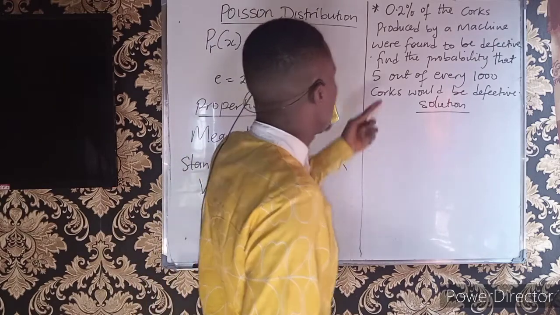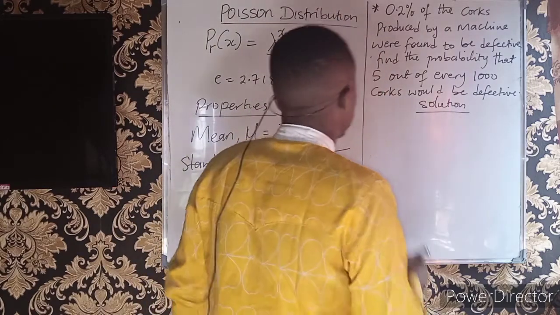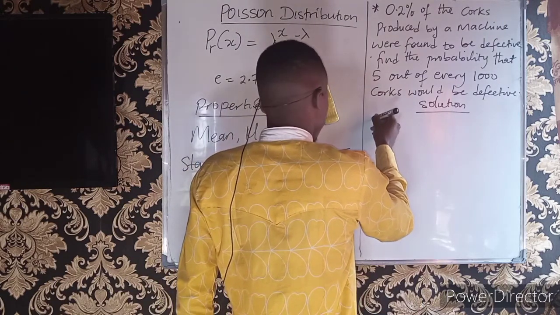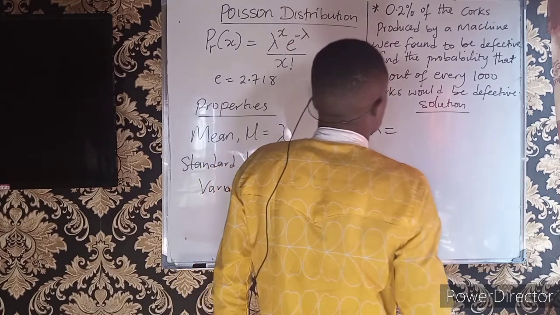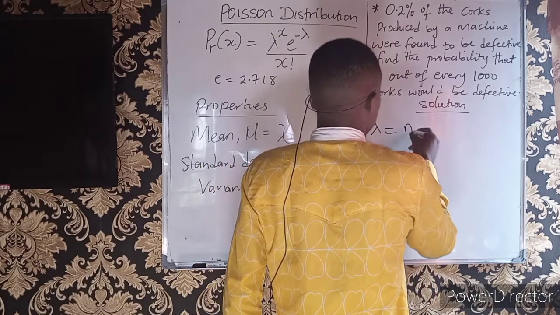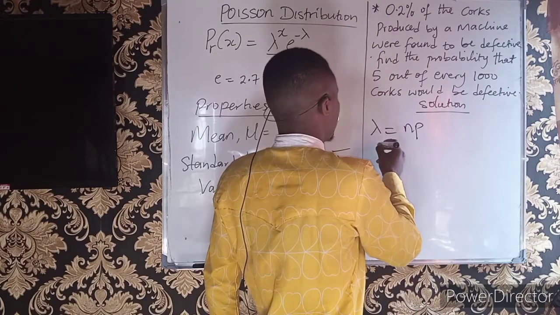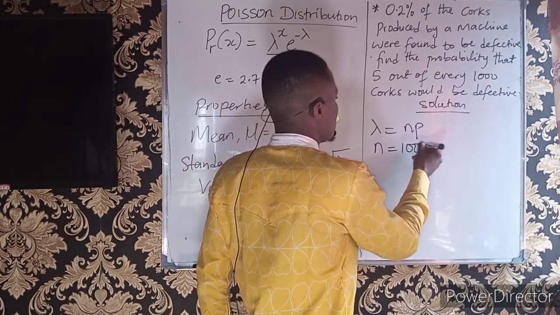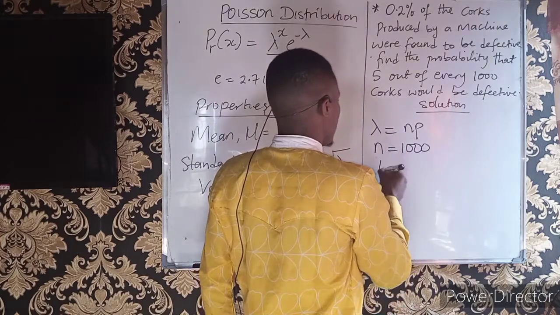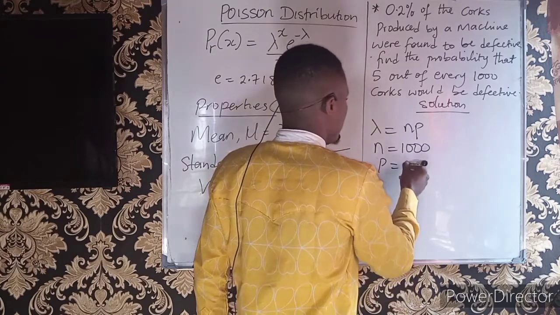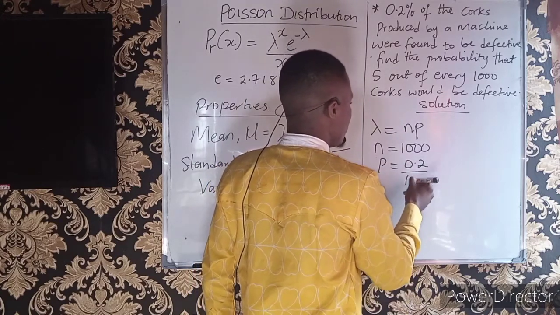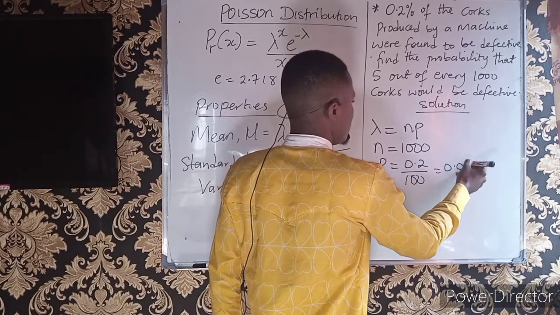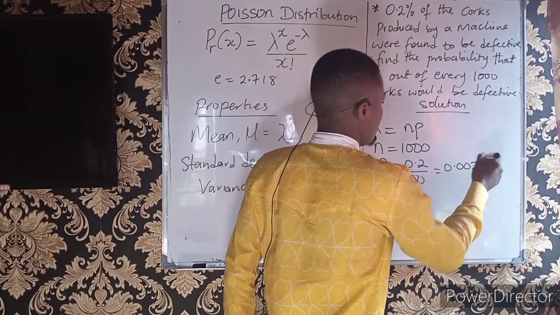Now, 0.2% of the clocks. Remember that the mean, which is lambda, is equal to NP, and our N is just 1,000, the population, and our P is 0.2%. 0.2% means 0.2 over 100, and 0.2 divided by 100 will give us 0.002.